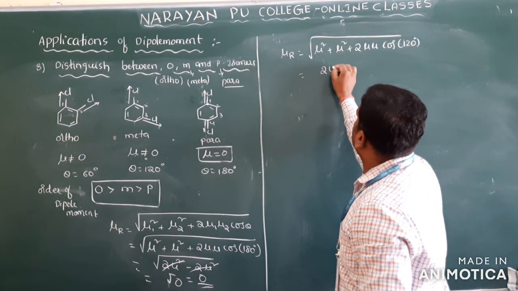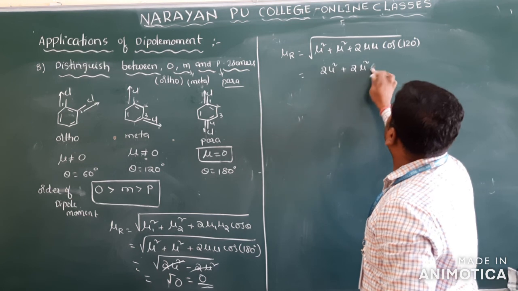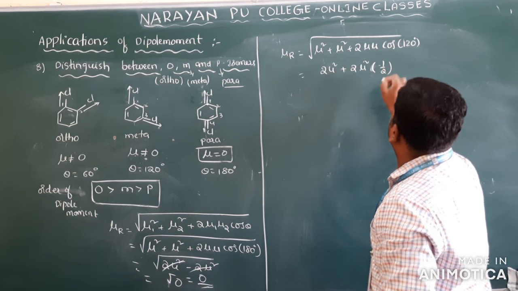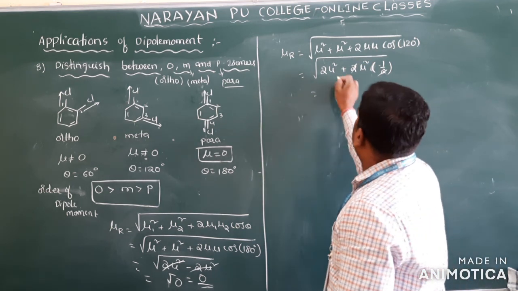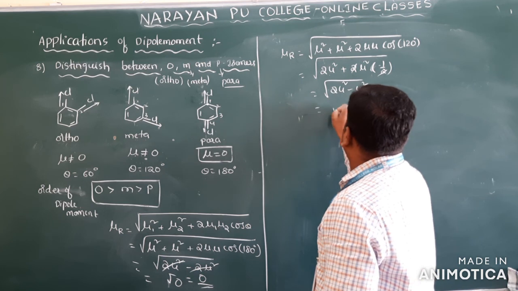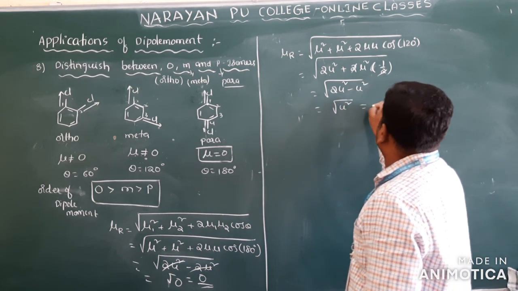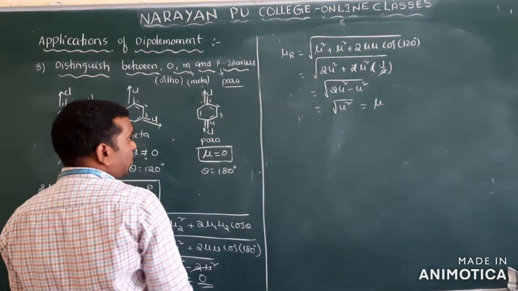Now this is 2 mu square plus 2 mu square into cos 120, which is minus 1 by 2. Clear? Then what will we get? The 2 mu square minus mu square, so we will get mu. This is the dipole moment, and this is for 120.